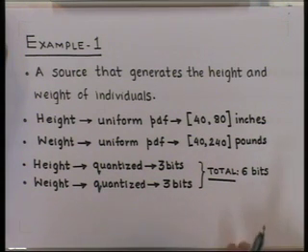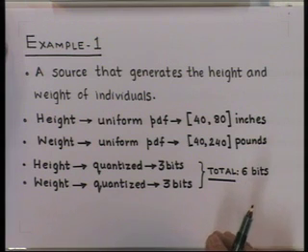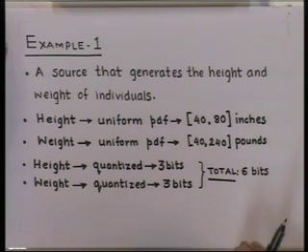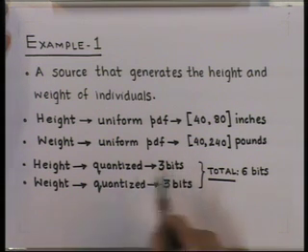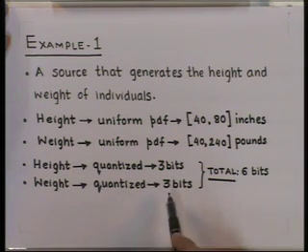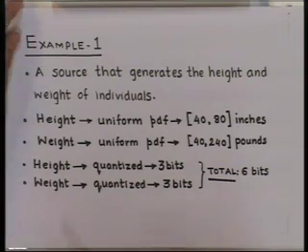Now, we have been told that we have a total of 6 bits to allocate for the quantization of both height and weight of an individual. So, let us allot 3 bits to quantization for height and 3 bits to quantization for weight.